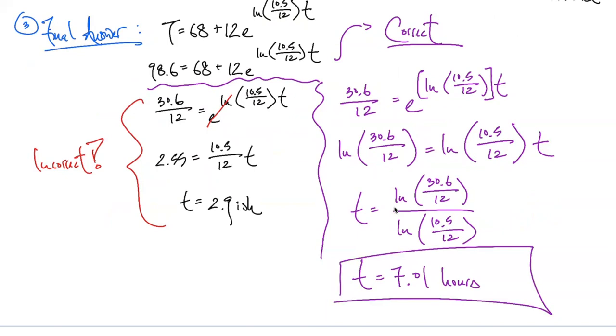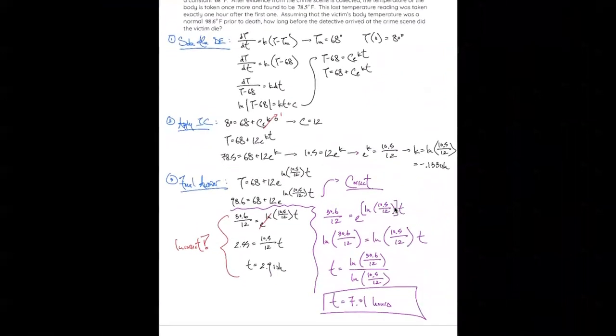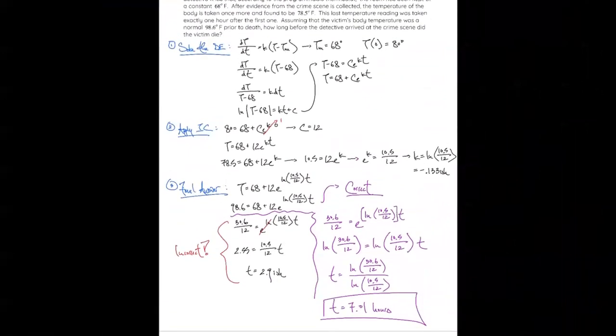Okay. And so what that means for us is that when we get to our interpretation, it turns out that this body went from living to non-living 7.01 hours before the body was found.